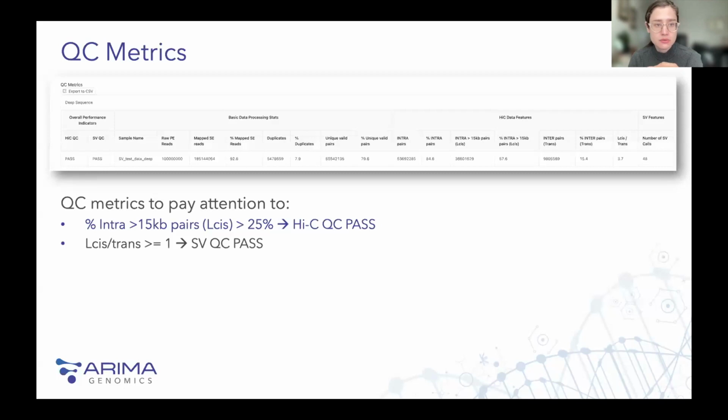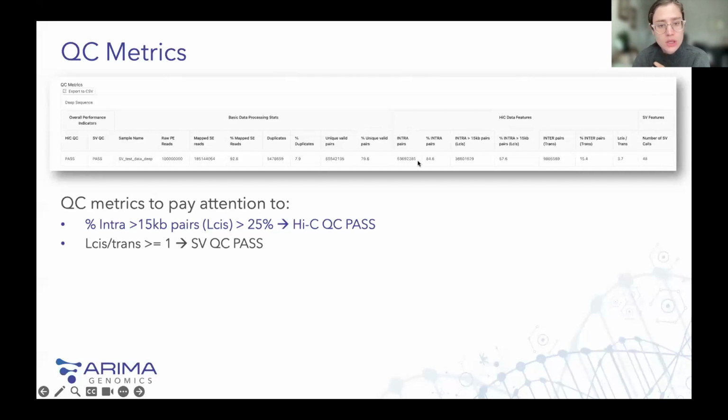Some QC metrics are very important for our pipelines. Here in this table, we have some basic statistics about your general assay, and also some High-C specific data features that are very important, and some features about your SVs.